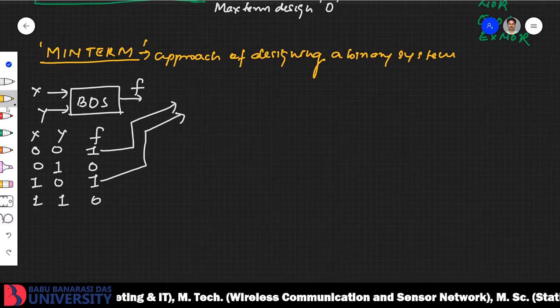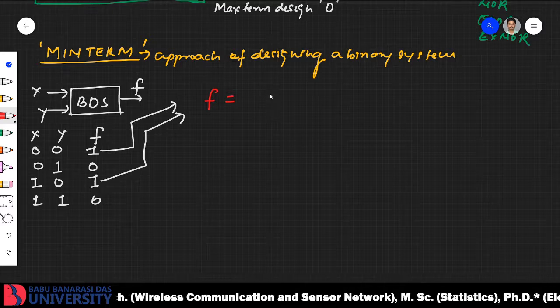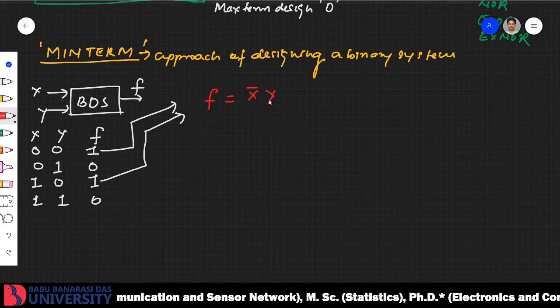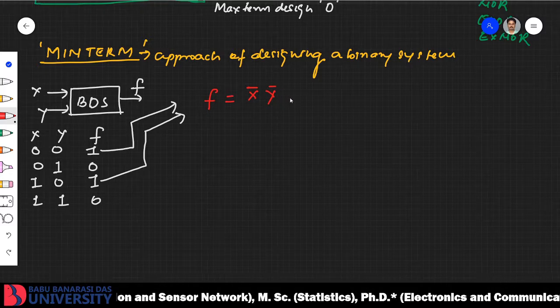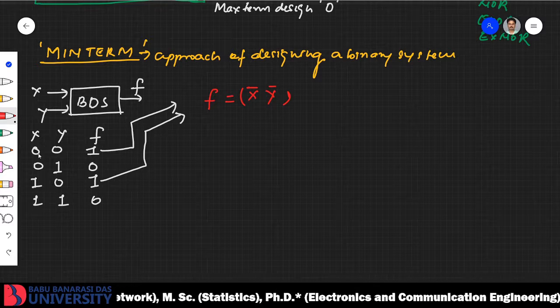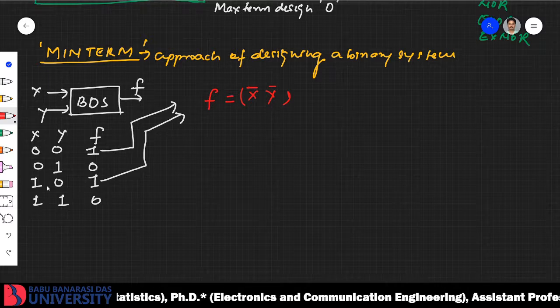So in this case f is equal to x bar y bar, the first combination 0 0, and the second combination is x y bar.